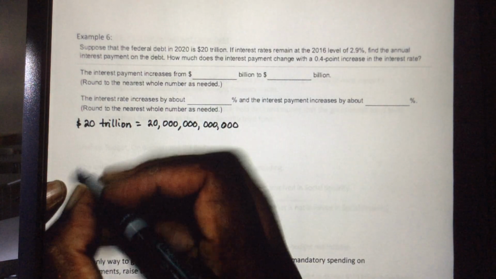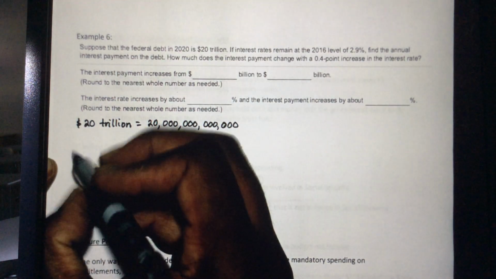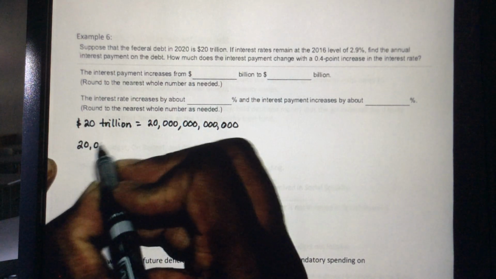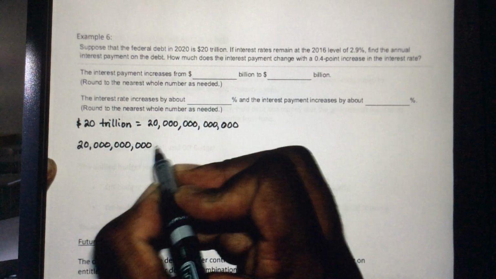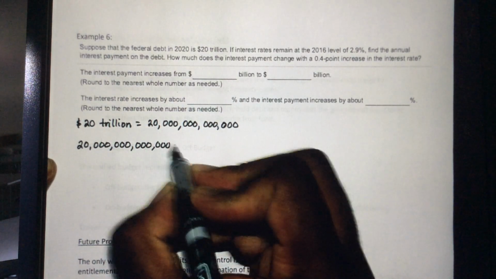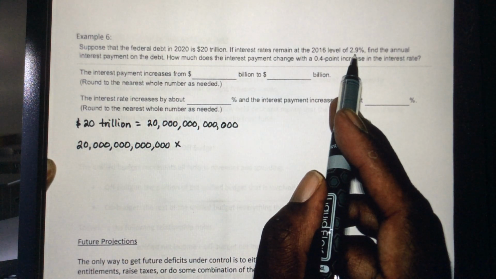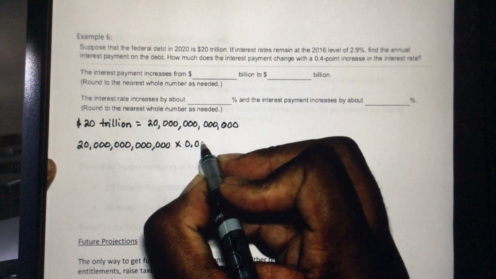And now what we're going to do here is take that amount of 20 trillion and multiply that by the interest of 2.9%. 2.9% as a decimal will be 0.029.